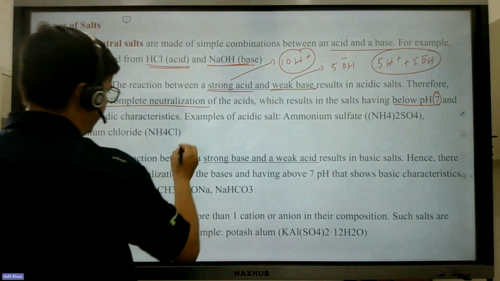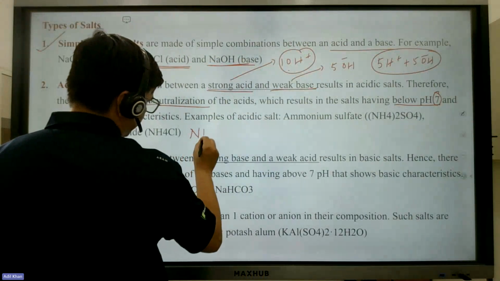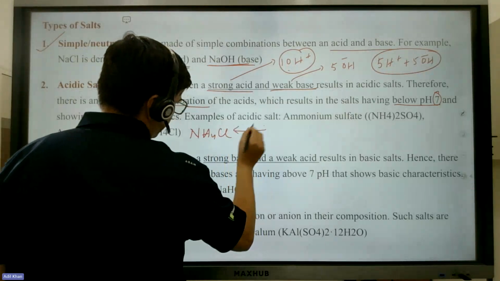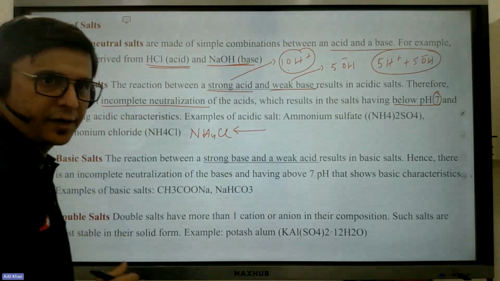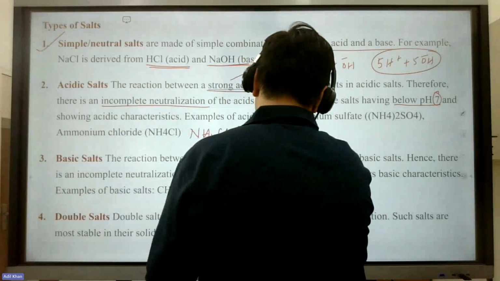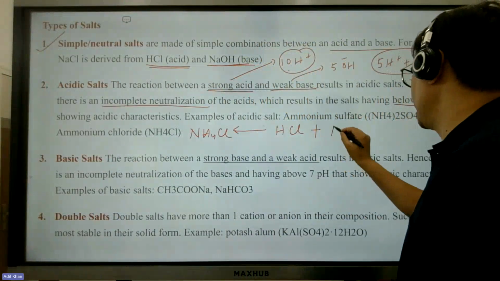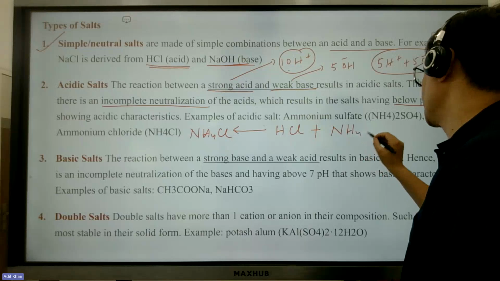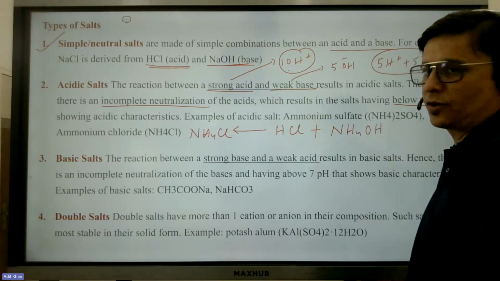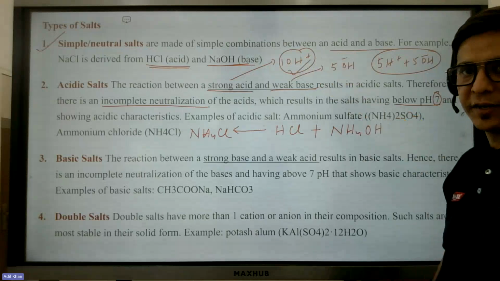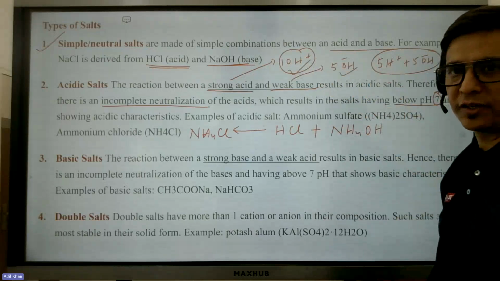For example, if I talk about acidic salt, one of the famous examples is ammonium chloride. It is made up of a strong acid, HCl, and a weak base, ammonium hydroxide. Strong acid means more H plus ions are there, and fewer OH minus ions are there.